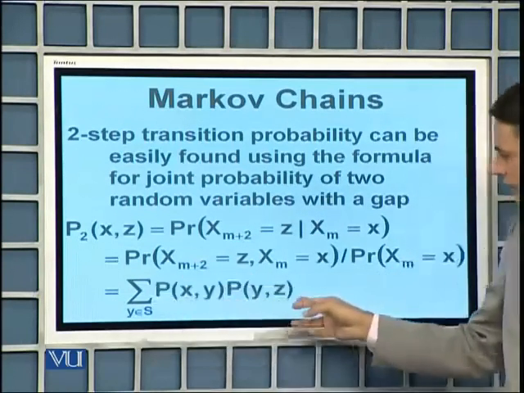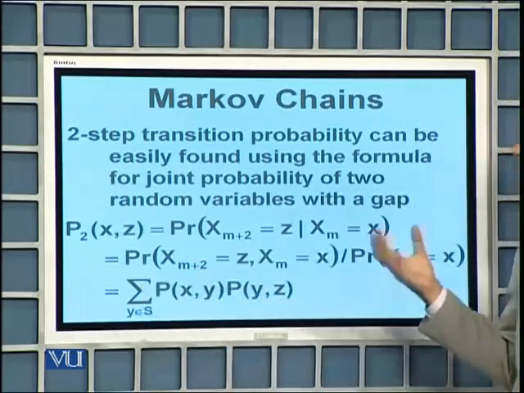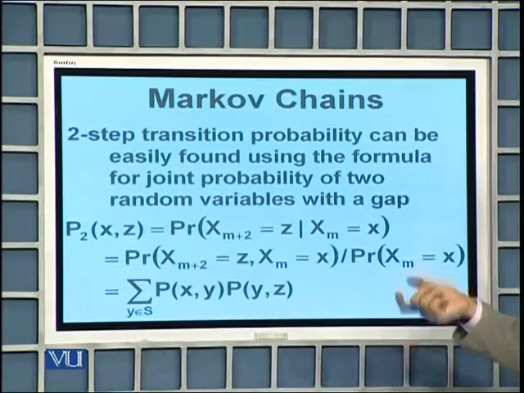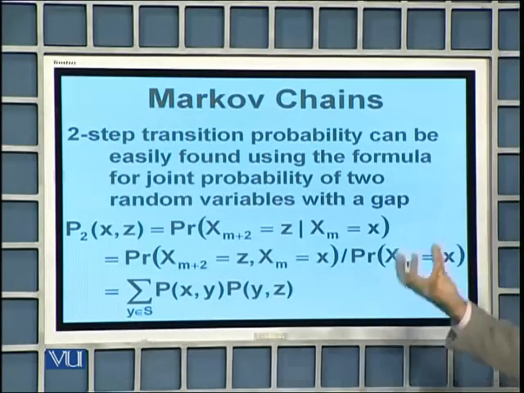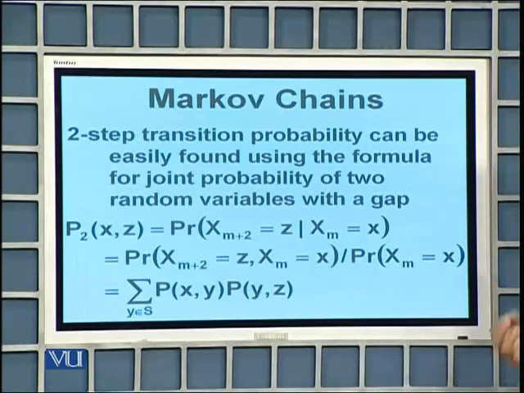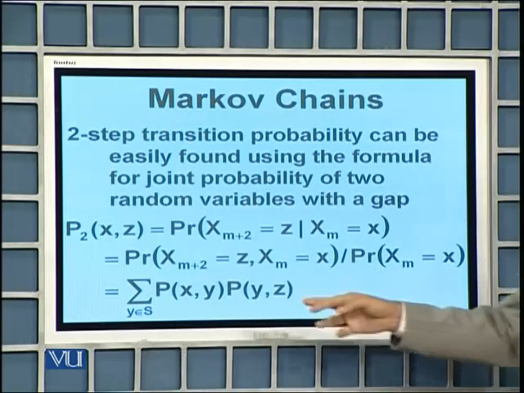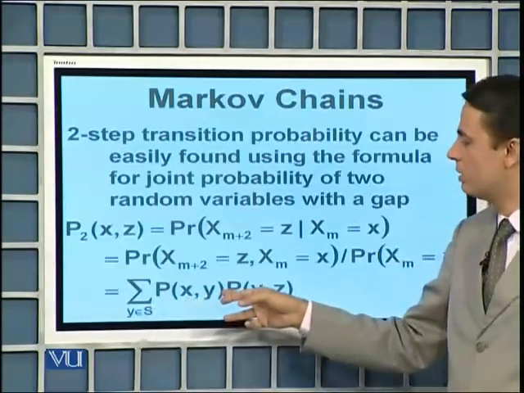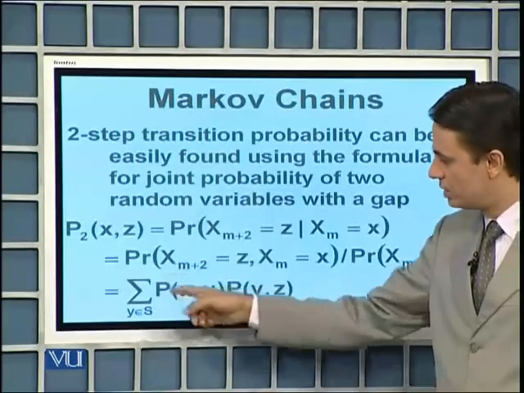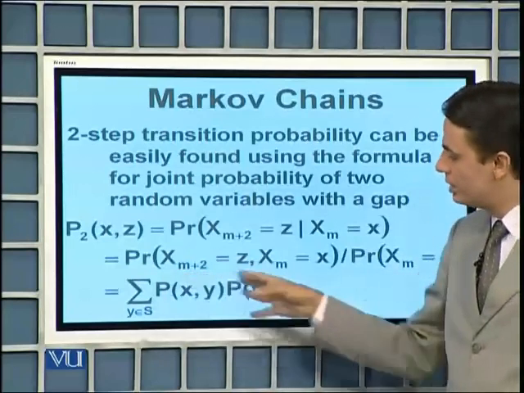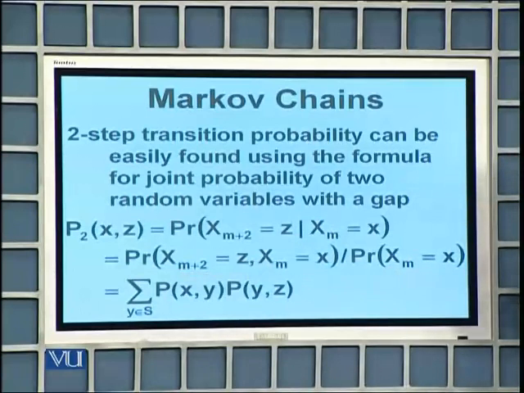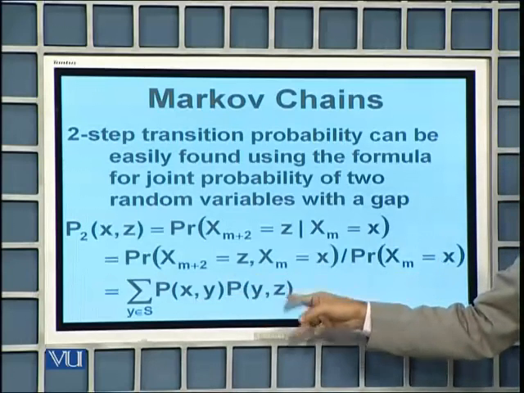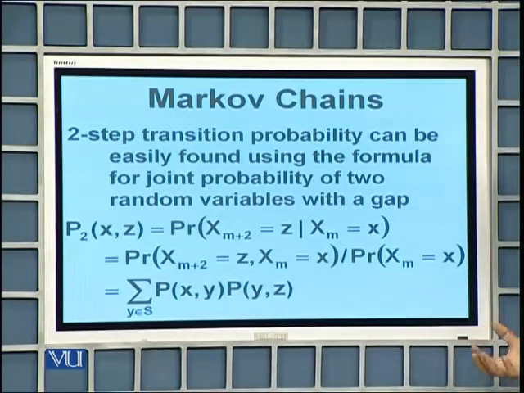If we look carefully, this summation is the inner product of a row and a column of the one-step transition probability matrix, where y takes on all possible values and we have this row multiplied by this column. So this is actually the element at row x and column z of the matrix that we obtain by multiplying the one-step transition probability matrix with itself.